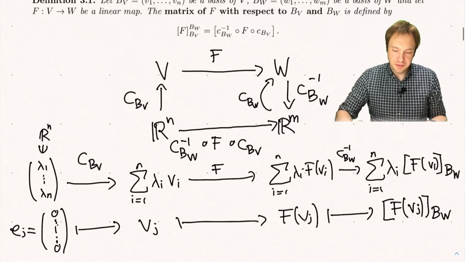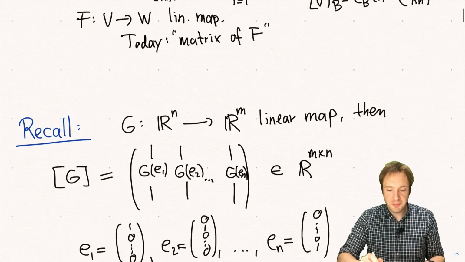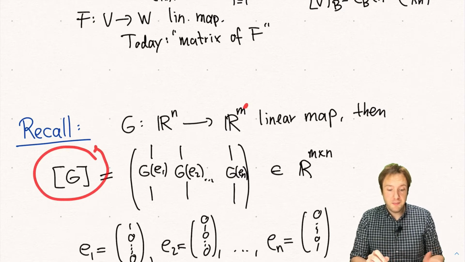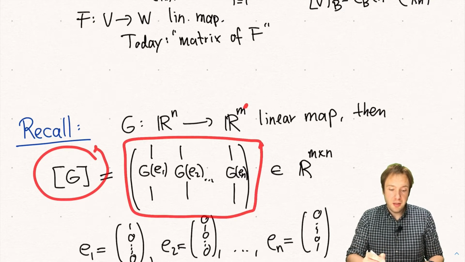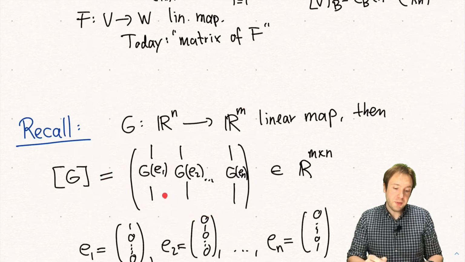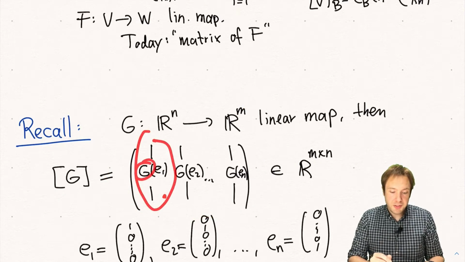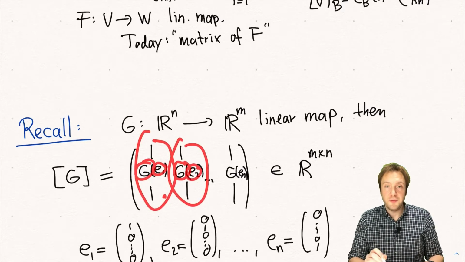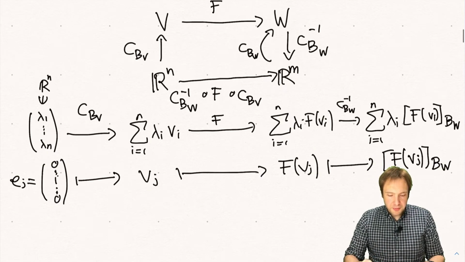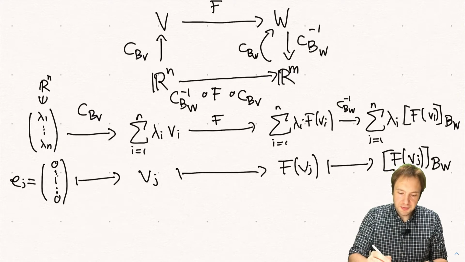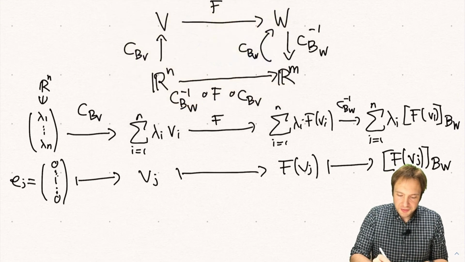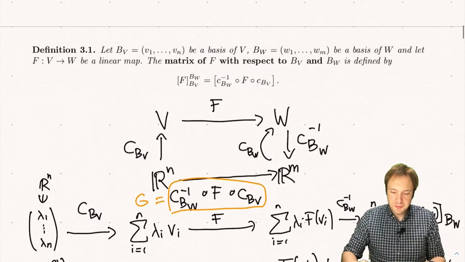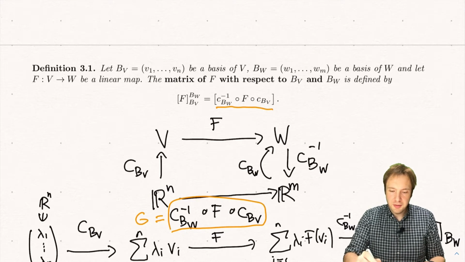So now let's remember how to write down this matrix. Again, the matrix of a linear map from Rn to Rm is given by this matrix, where the first column is given by the image G of e1, the second is given by the image G of e2, and so on. And in our case, this linear map, let's call it G, its matrix is what we want.